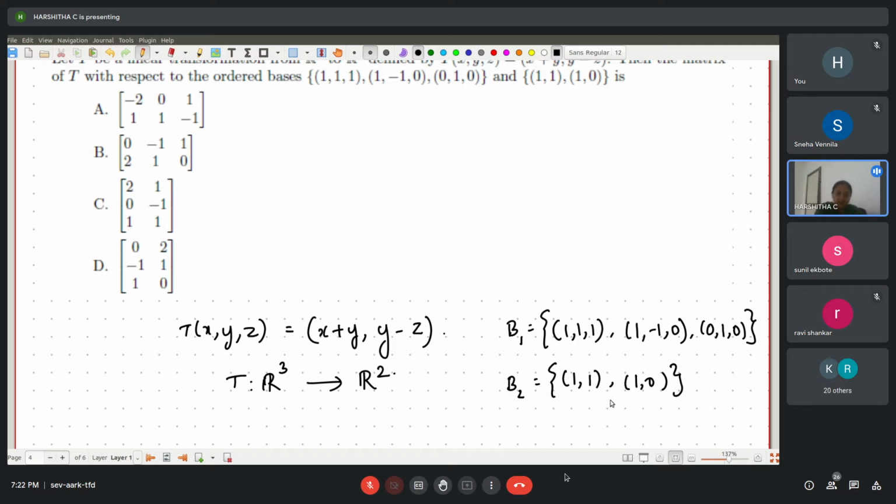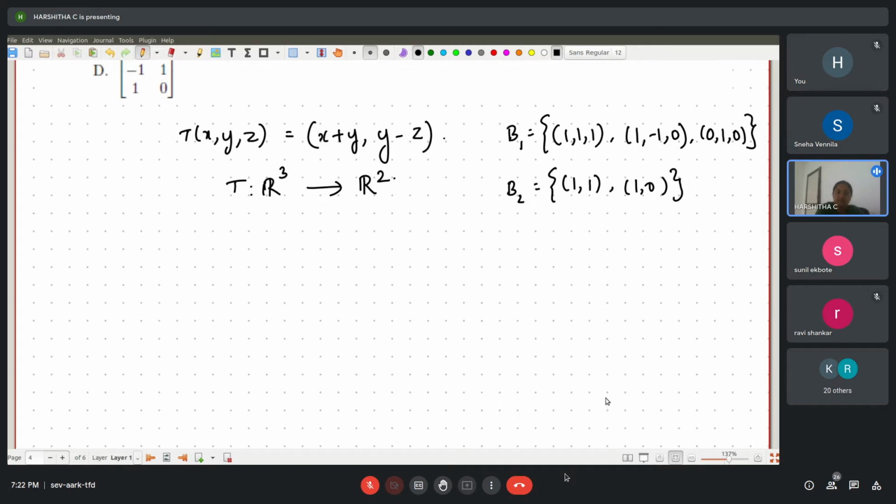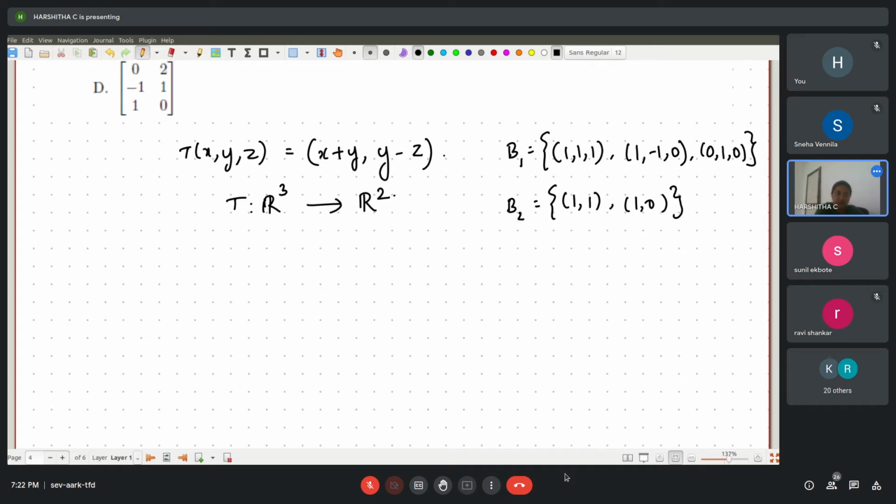So does anybody know how to get the matrix of a linear transformation? You have to find out the transformation of the basis. You have to find out TB1 and TB2.